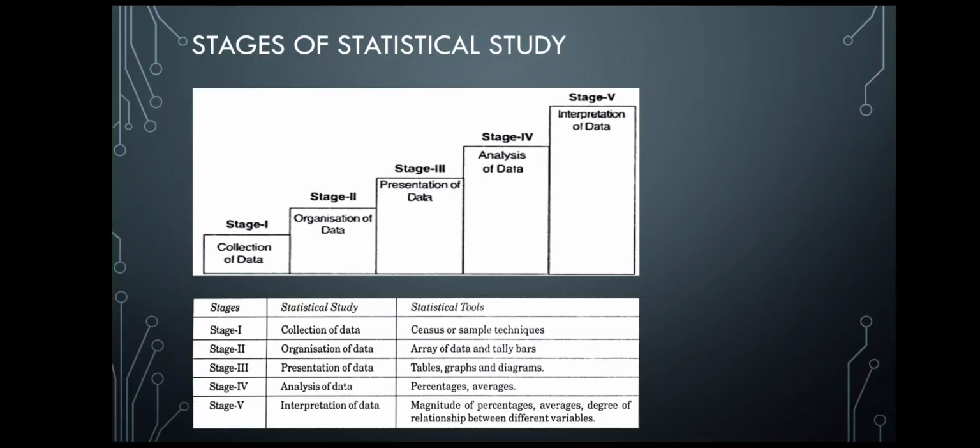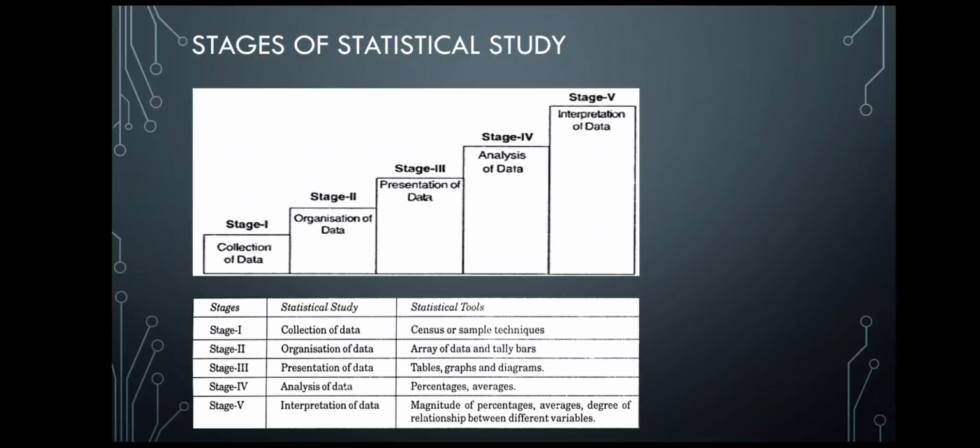So, in order to carry out all these work in different stages, the economists need statistical tools. So, for the first stage, that is collection of data, census or sample data is required. In the second stage, for organization of data, tally bars are required. In the third stage, for presentation of data, the graphs, pie charts, frequency polygon, tables, etc. are required.